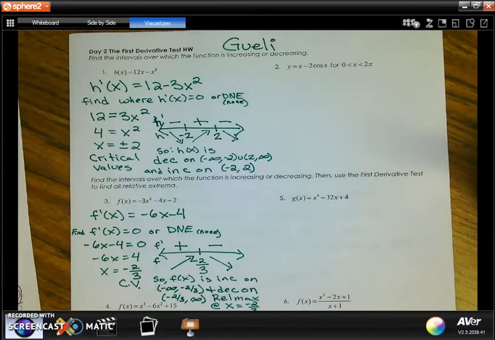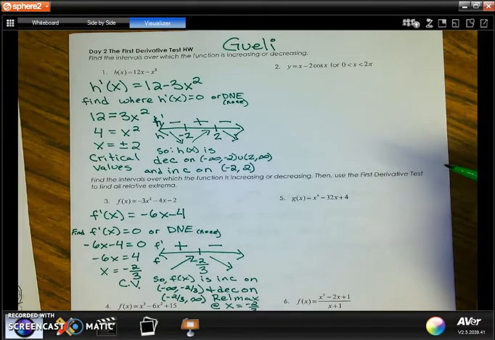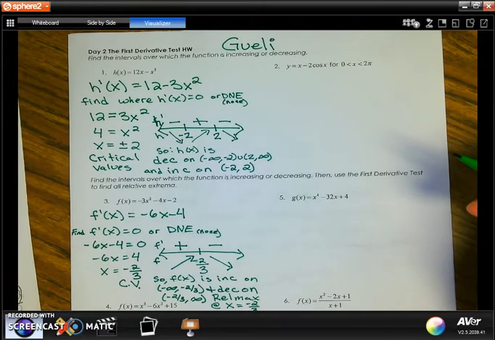We then put those critical values on a sign chart, keeping in mind that a sign chart has to go from left to right, just like a number line, with the negatives on the left, in order. Then we plug in numbers to see if the derivative is positive or negative. That will give us information about whether the original function is increasing or decreasing. Okay, so that's our goal.